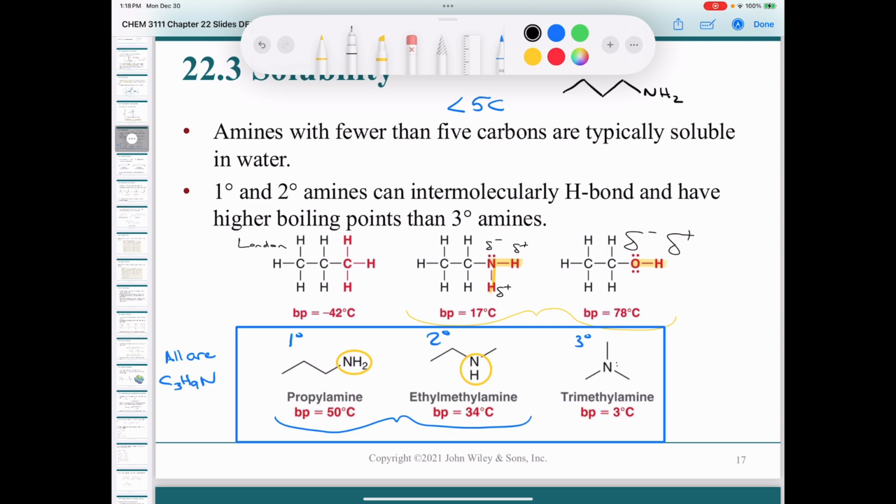So the strongest intermolecular force that two molecules of trimethylamine would experience would be dipole-dipole forces. And so it has a much lower boiling point than the propylamine and the ethylmethylamine, again, because it cannot hydrogen bond intermolecularly between two molecules of itself, whereas propylamine and ethylmethylamine are both capable of hydrogen bonding.